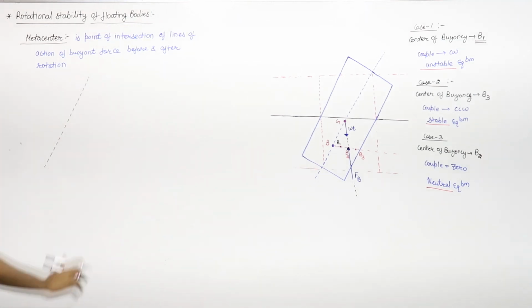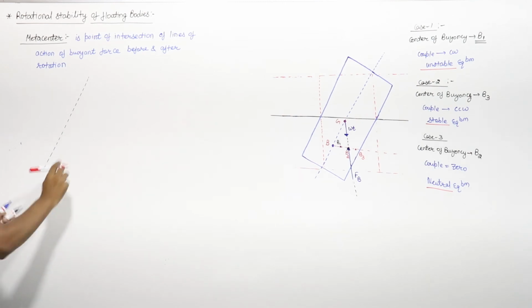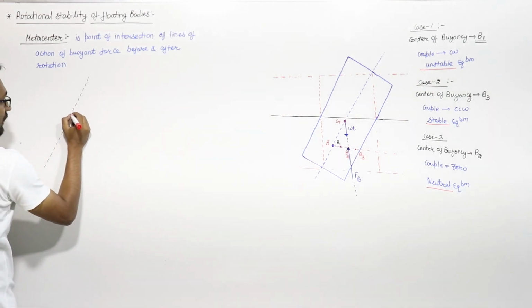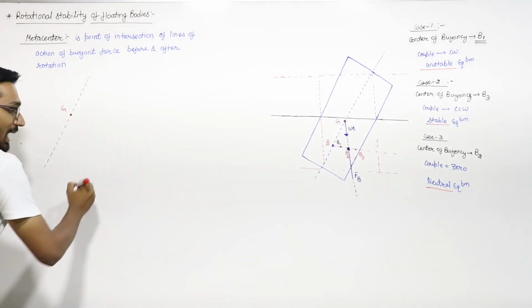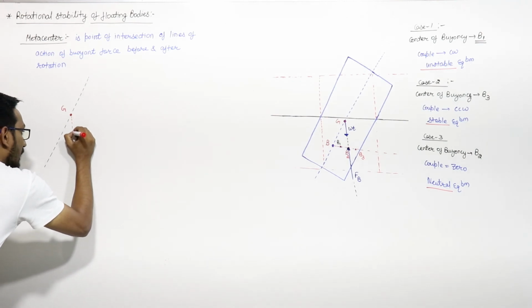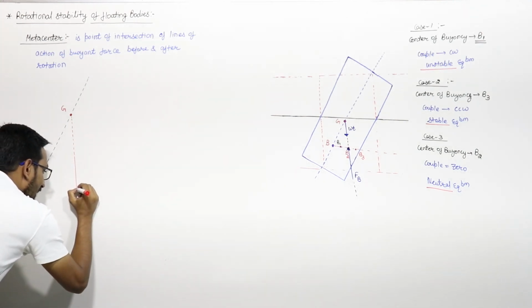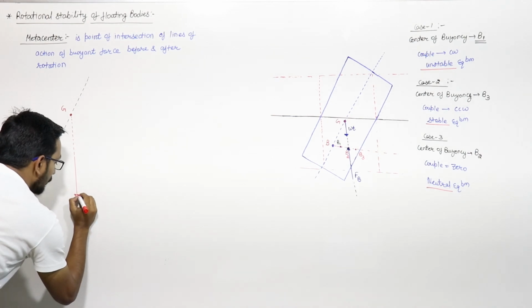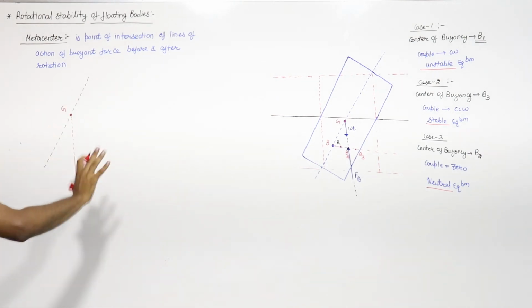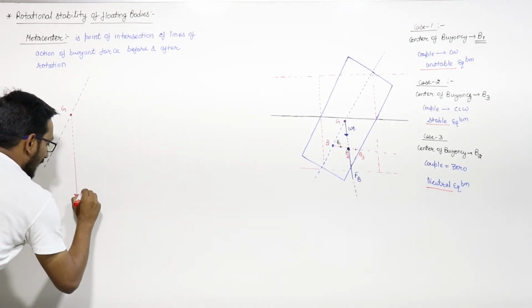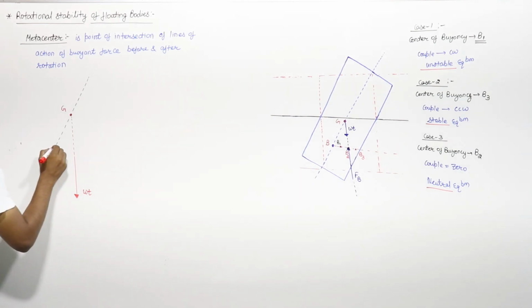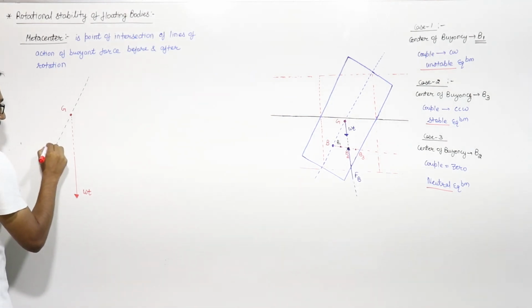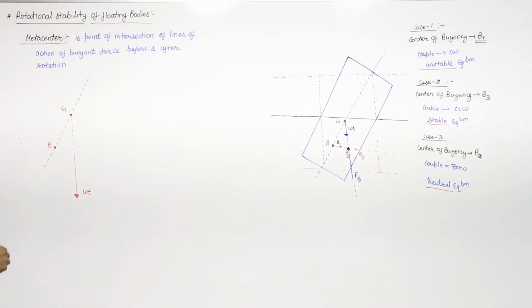You have the center of gravity somewhere here, and from this center of gravity you have a vertically downward force. This will remain the same, the center of gravity will not change. From this you have a weight acting in the downward direction. And this is your center of buoyancy before rotation.